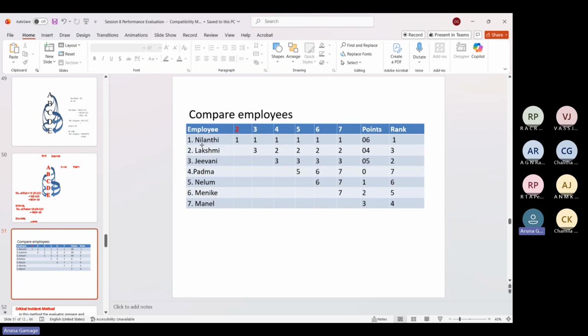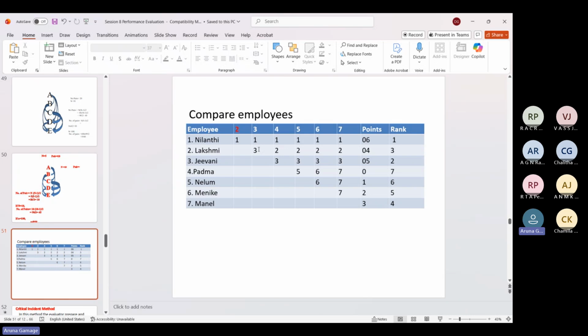With fifth one, Nelum? Nelum is the best. With Manike? Nilanti is best. With Mane? Mane is best, so her label is written there. Then the second one, Lakshmi, is compared, not with Lakshmi, but with the third one, Jeevani. Who is the best?